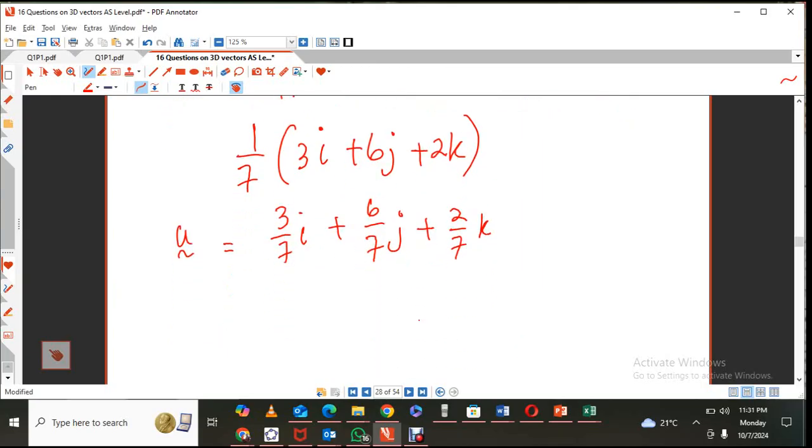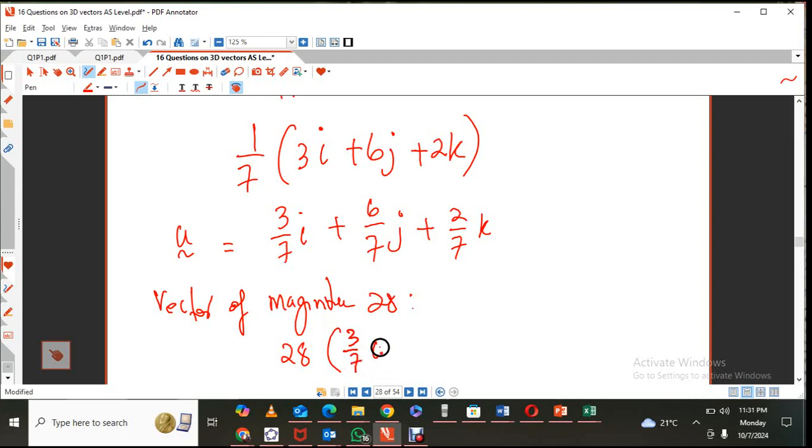So what is it that we know? We know that we have a vector of magnitude 28. So that means 28 times minus 3 over 7i plus 6 over 7j plus 2 over 7k.